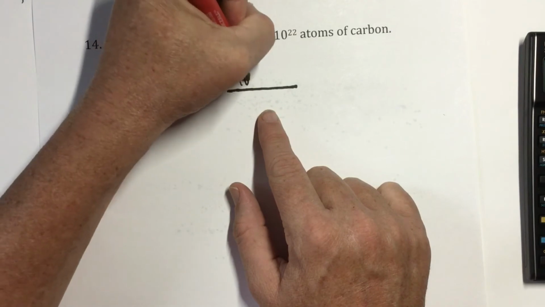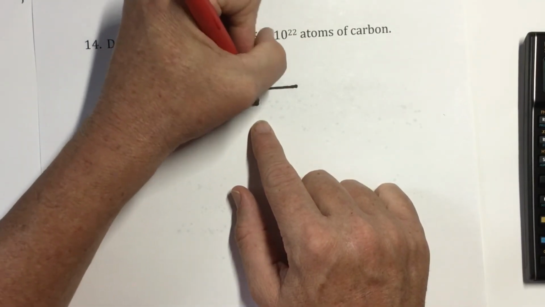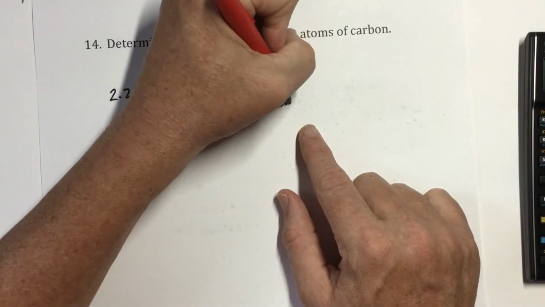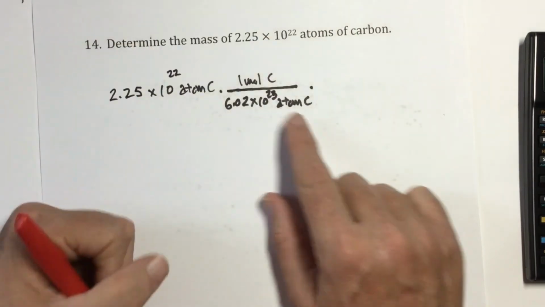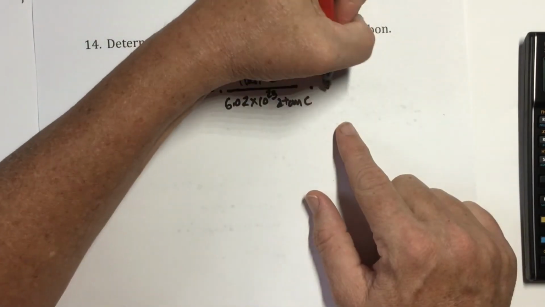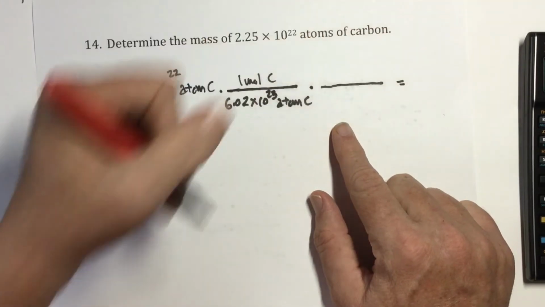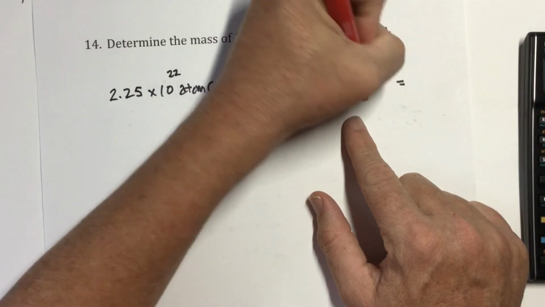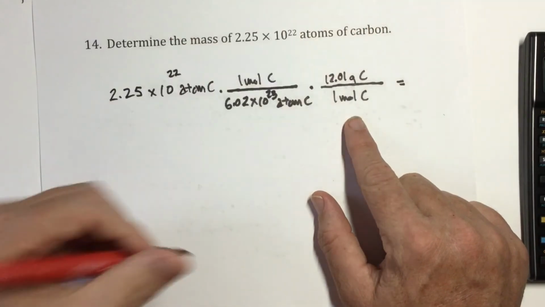I know that 1 mole of carbon is 6.02 times 10 to the 23rd atoms of carbon. And I'm asking for the answer in mass, so I will convert it to a unit of mass, in this case grams, because I know that 1 mole of carbon is equal to 12.01 grams of carbon.